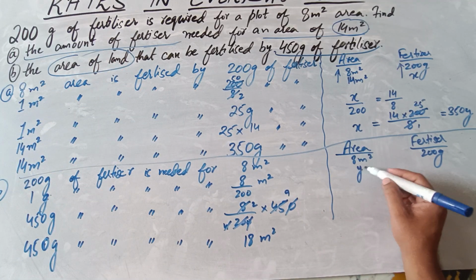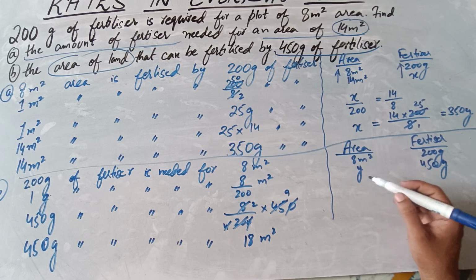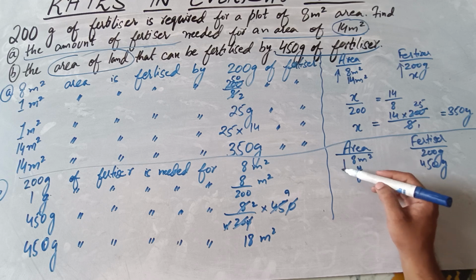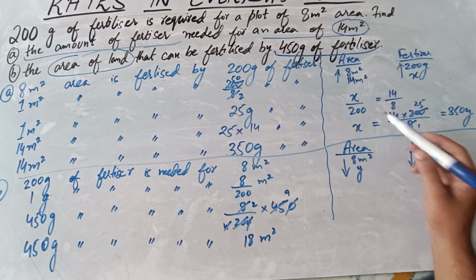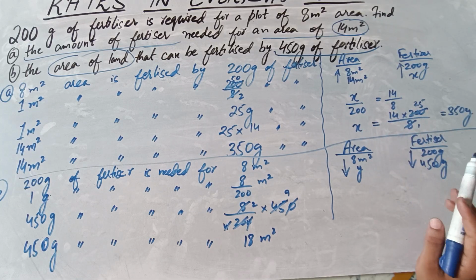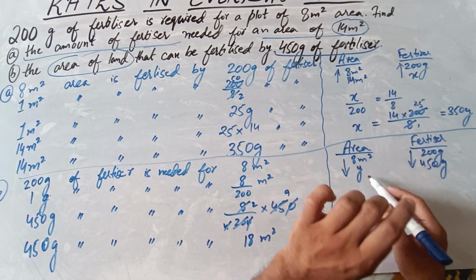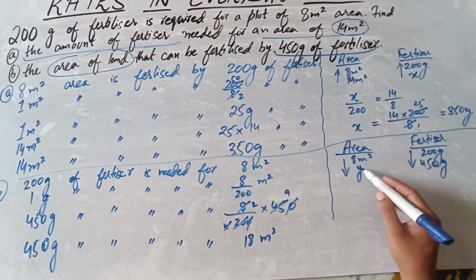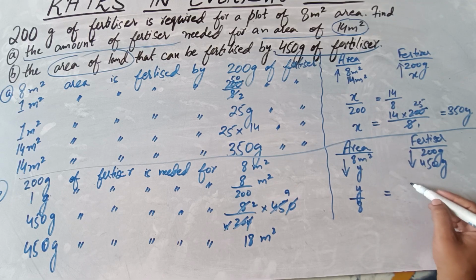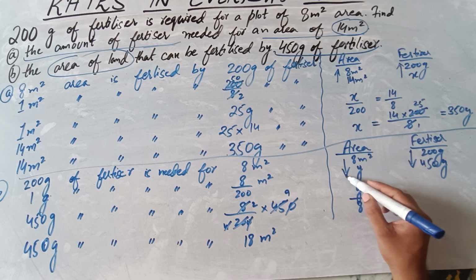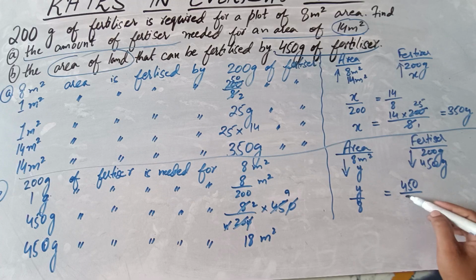Now area is unknown, so I am taking y as unknown, and 450 gram is given. Now they both are directly linked with each other. You can put the arrows in the same direction, either both upward or both downward, it is up to you. Try to keep the unknown on the left hand side and at the top. So I am writing y upon 8 is equal to, arrowhead upward, so over here I will keep the arrow upward, 450 upon 200.